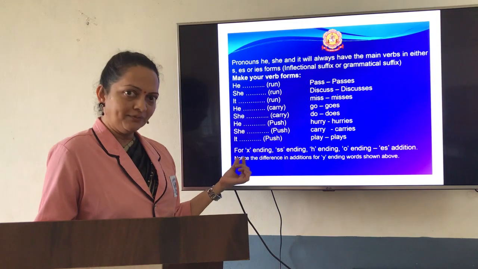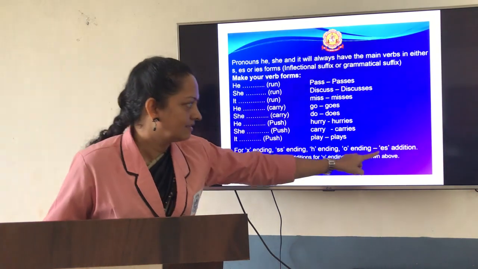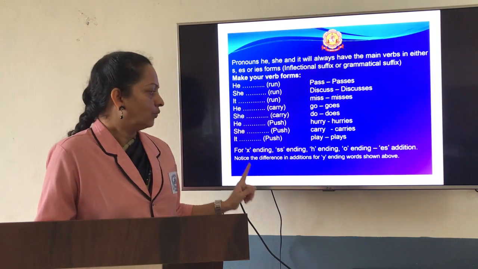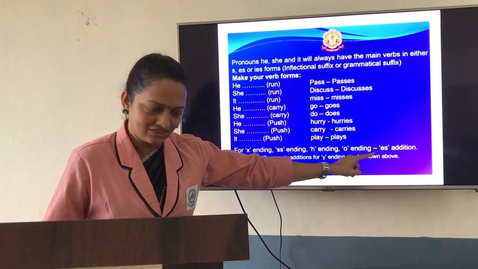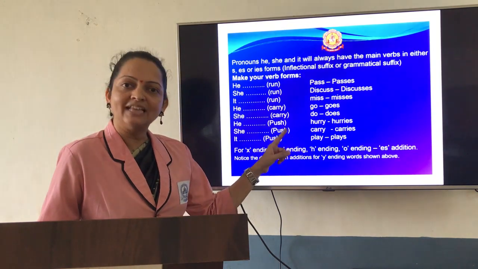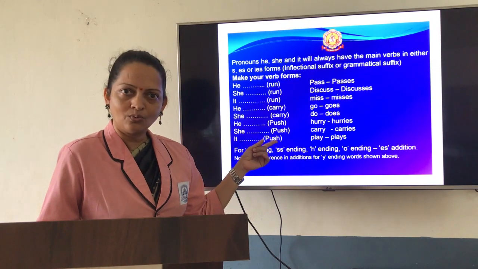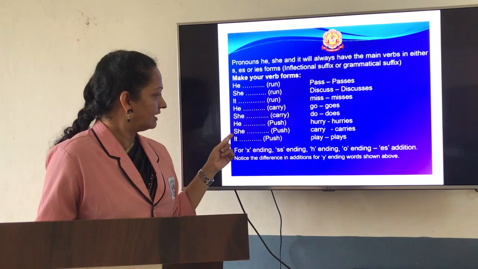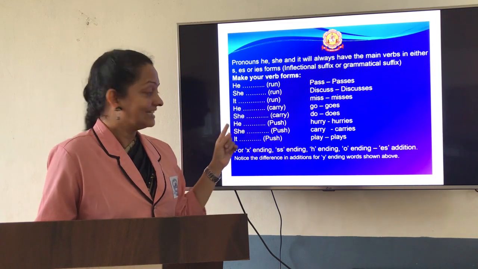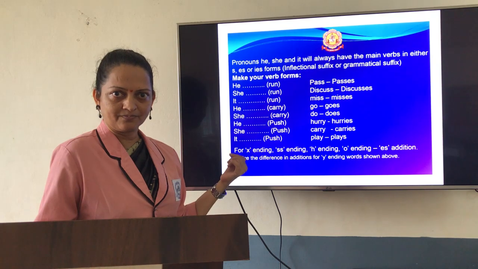In the same way, a word which ends with X gets ES as an addition. A word which ends with SS gets ES. A word which ends with H gets ES. Push, P-U-S-H. So it is ES. Here it is: he pushes, she pushes, it pushes. Okay.